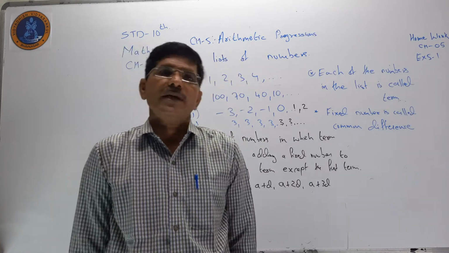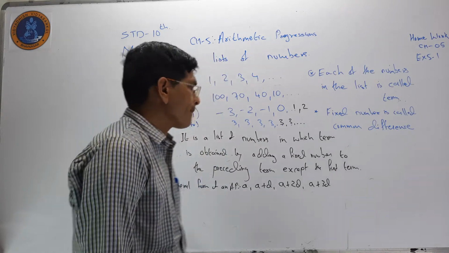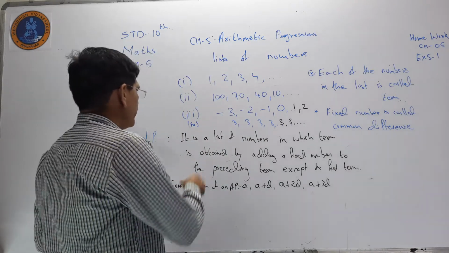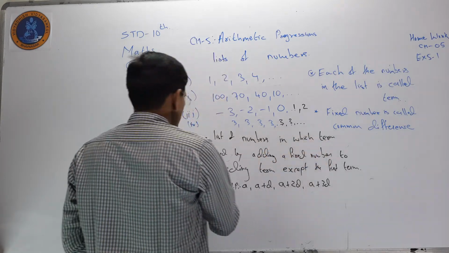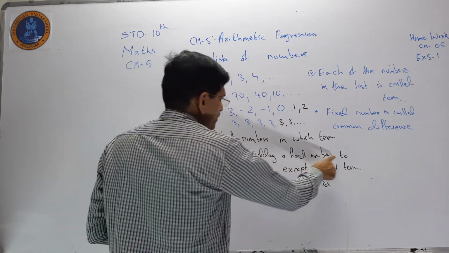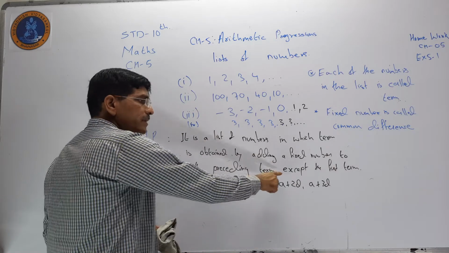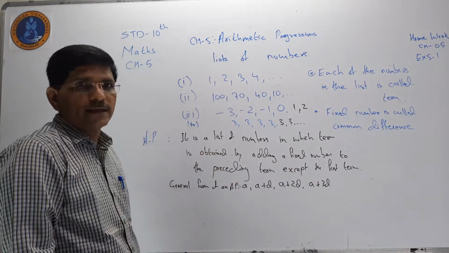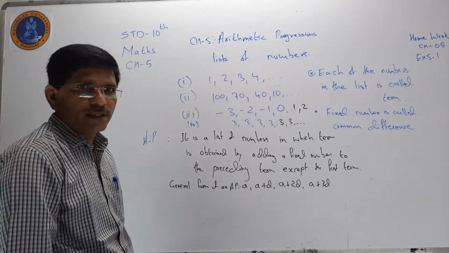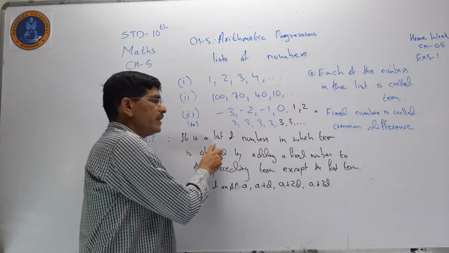AP means arithmetic progression. Arithmetic progression is a list of numbers in which each term is obtained by adding a fixed number to the preceding term, except the first term. Again I repeat the definition. It is a list of numbers.